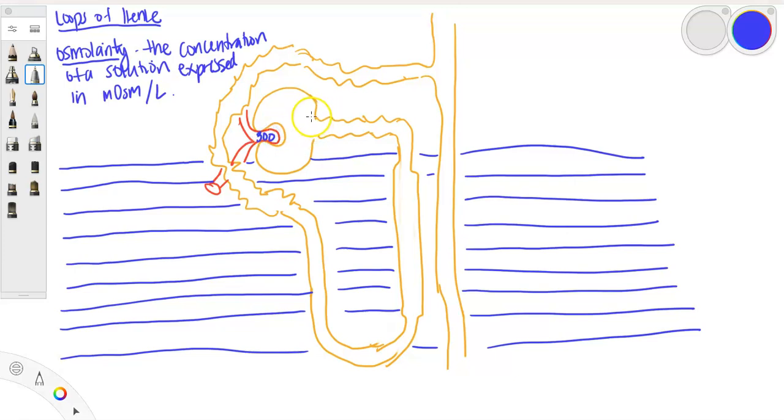It's actually at like 270 or something like that, but 300 makes it even and easy. So 300 milliosmoles is the plasma, the blood there. And the interstitial fluid is also 300 milliosmoles, so it's isoosmotic to the plasma, okay?